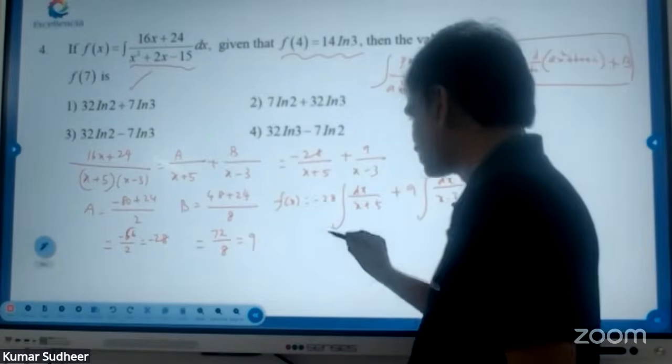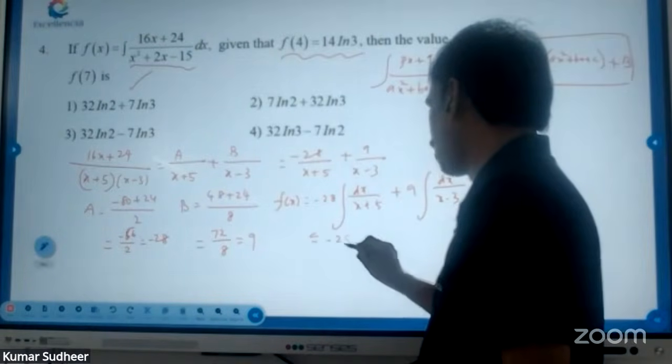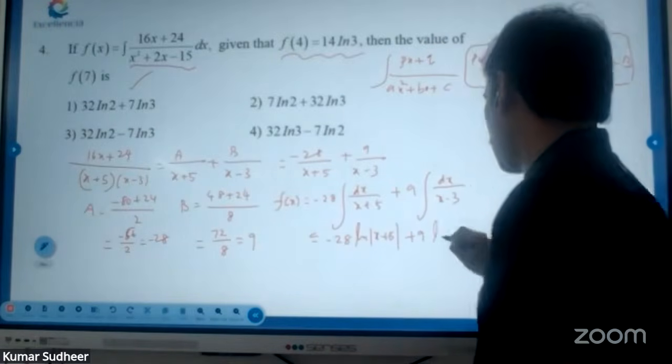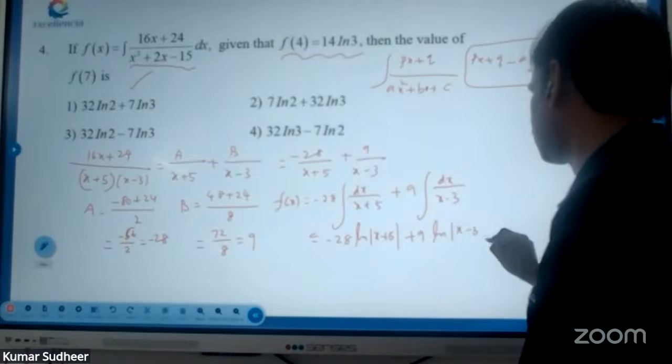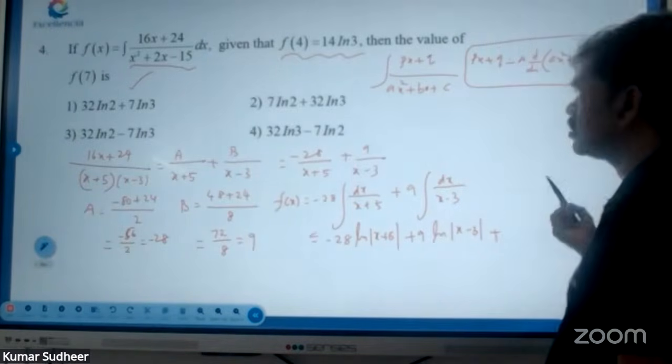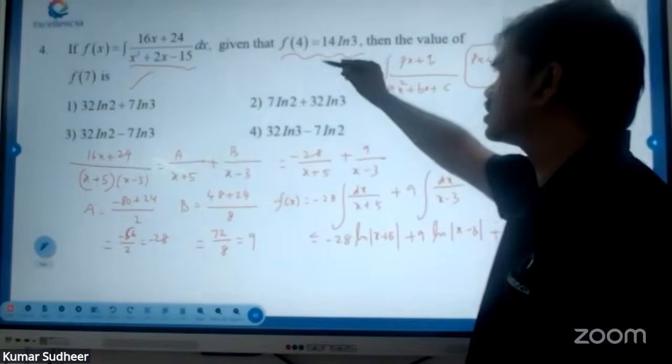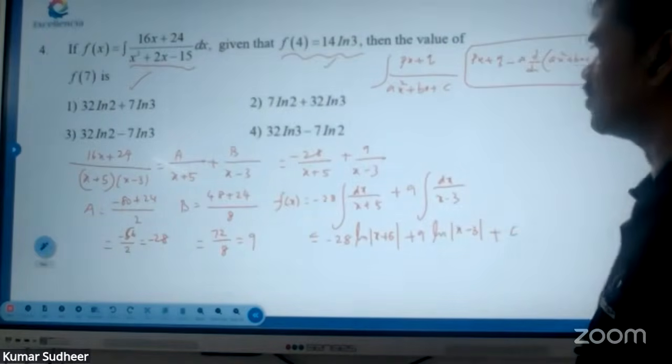We know that the integration of dx by (x plus a) is log mod (x plus a). So minus 28 log mod (x plus 5) plus 9 log mod (x minus 3) plus c, or you can write log c.